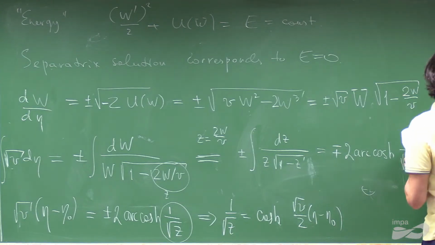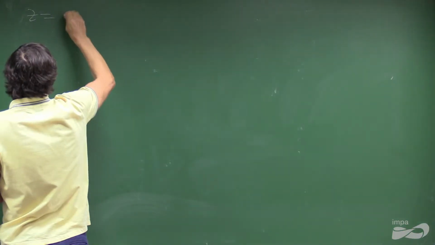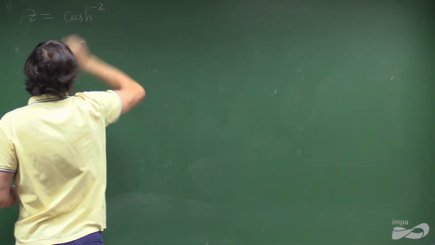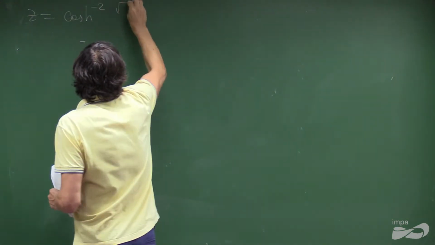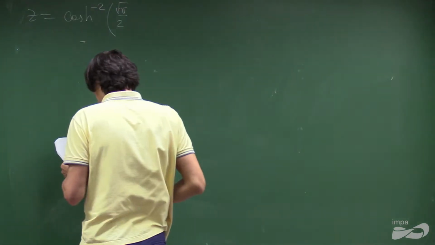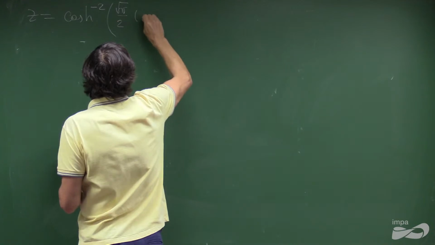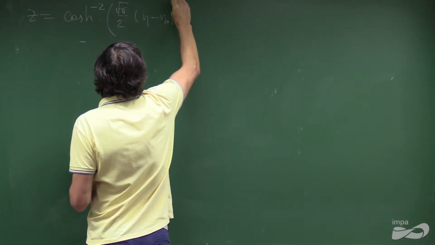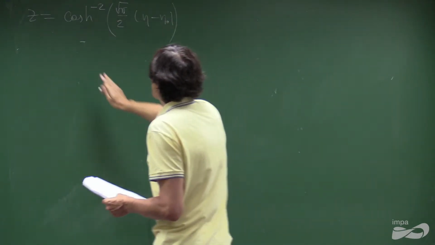We get that z equals cosine hyperbolic to the power minus 2. And now remember that we use these variables.